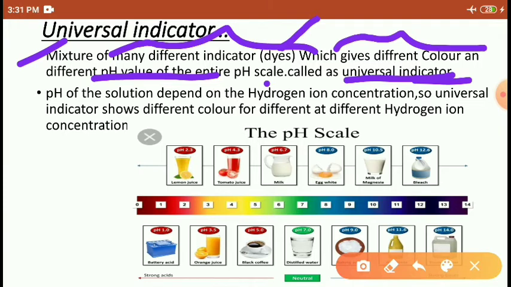In our lab, methyl orange is a type of indicator, methylene blue is an indicator, phenol red is an indicator. So two or more indicators are mixed to prepare one unique indicator, which we call universal indicator. Right, students?